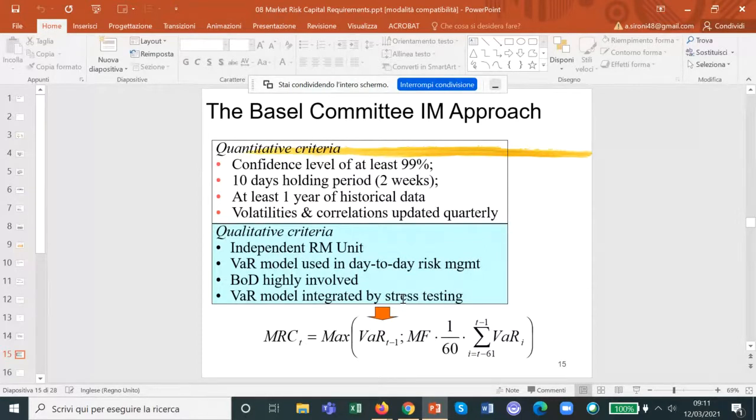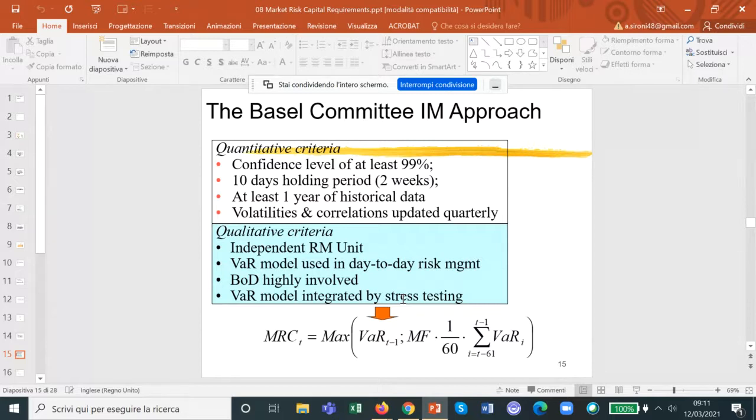That is the sum of the value at risk of the last 60 days divided by 60, times a multiplying factor.